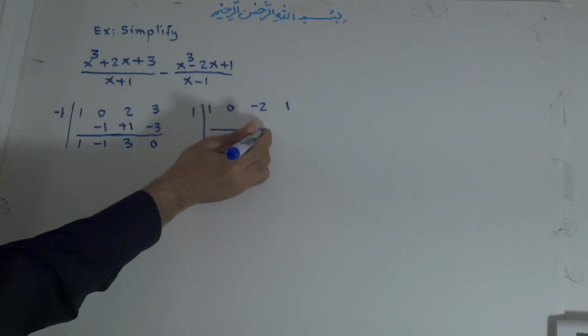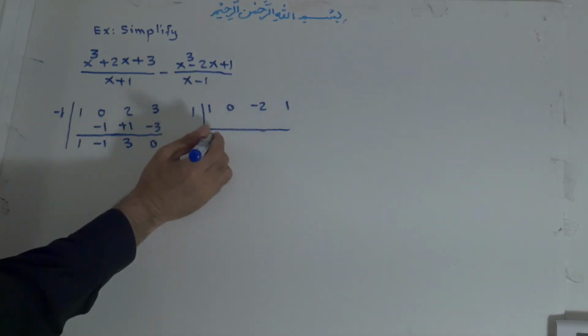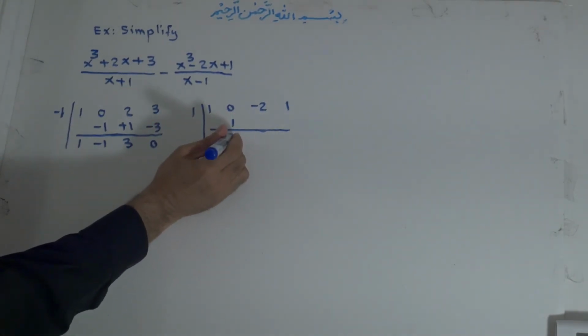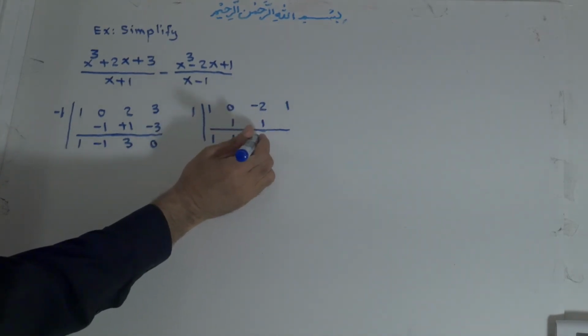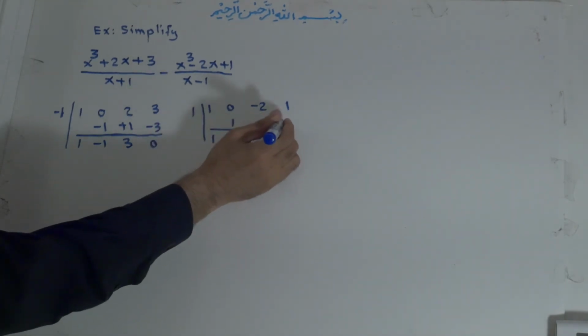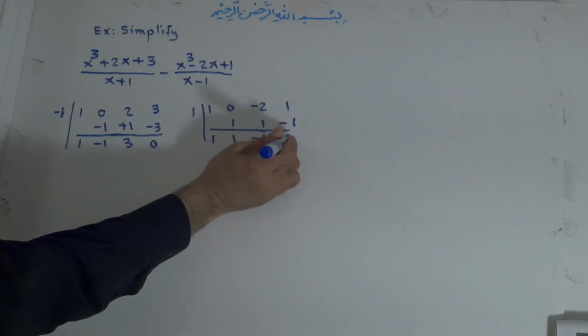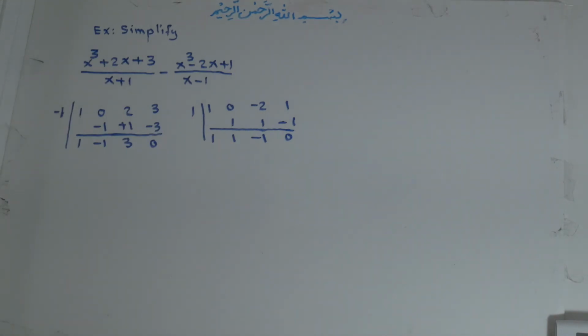We draw the line here, and bring down the 1. 1 times 1 is 1. 1 plus 0 is 1. 1 times 1 is 1. Minus 2 and plus 1 is minus 1. Negative times positive is negative. 1 times 1 is 1. Negative 1 plus positive 1 is 0.